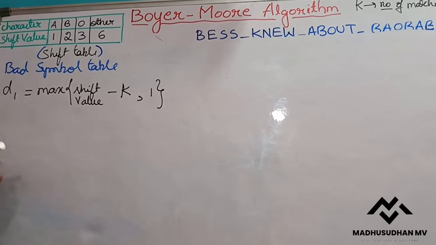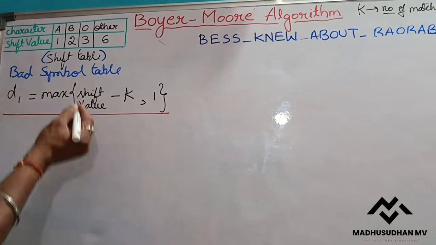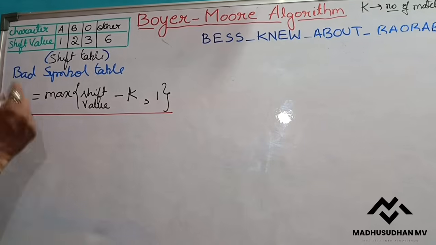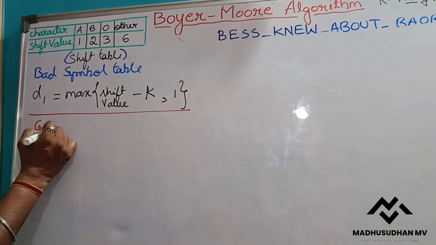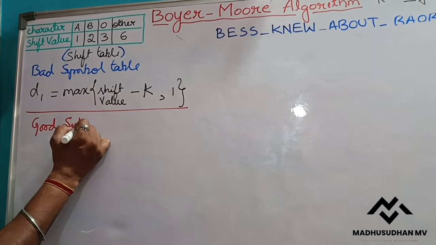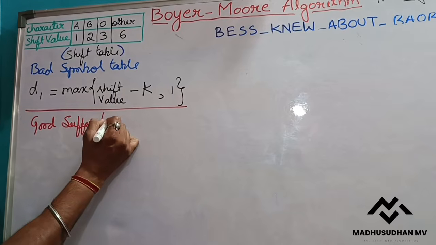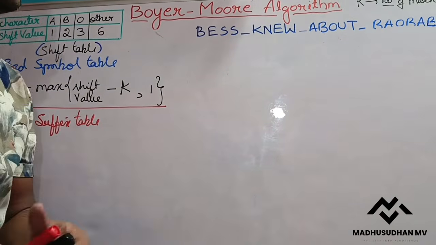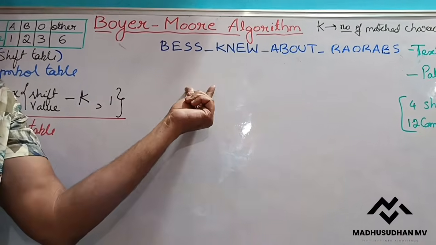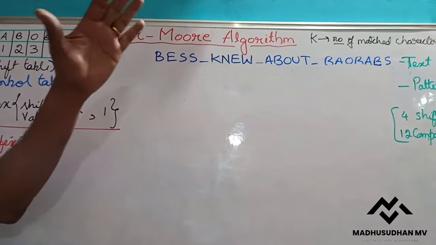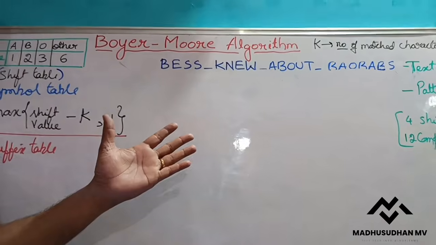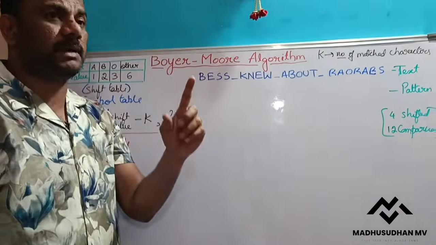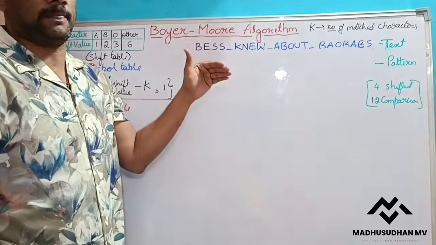So this is done at one level. Now the second table is for distance 2. It will generate the good suffix table. So far we are checking only character by character. The Boyer-Moore algorithm is exactly the same as the Horspool algorithm if the mismatch occurs at the first position.